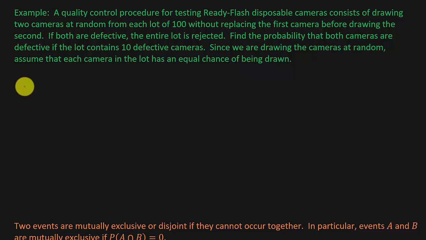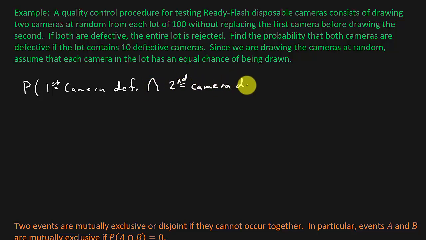So this is going to be the probability that the first camera is defective and second camera is defective. That's what we're looking for.